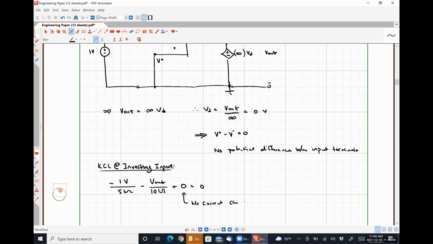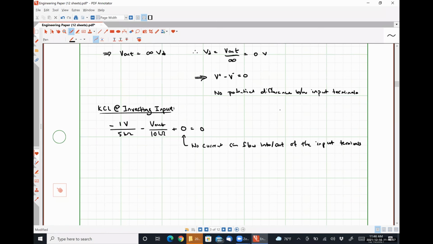no current can flow into or out of the input terminals.